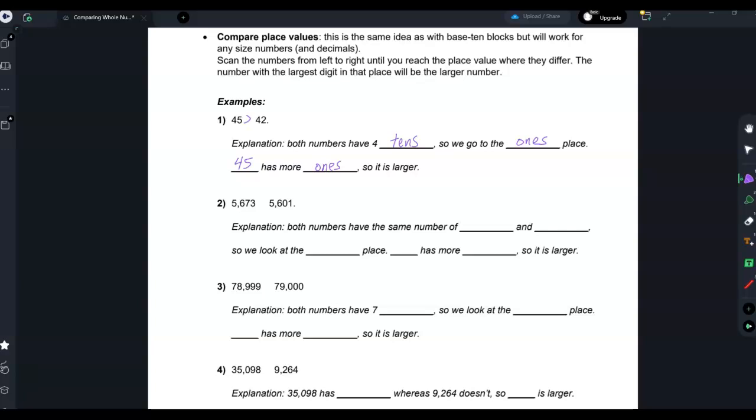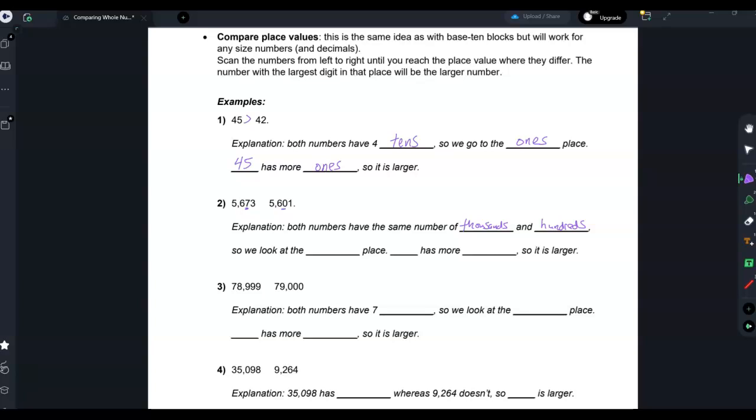So this next one, I could say, oh, well, since they both have 4 digits, I would start with the thousands place. They both have the same number of thousands. So then I would move on to the hundreds. And in this case, they also have the same number of hundreds. So then I would move on to the tens place. And if they have the same number there, then I would move on to the ones place.